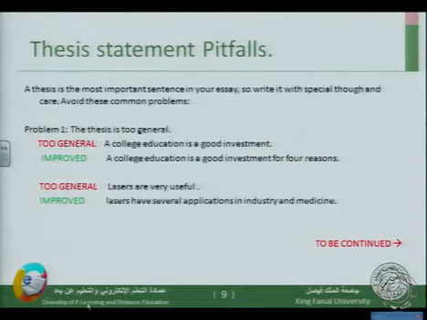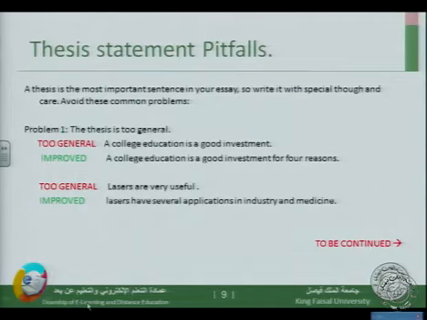The first problem is a thesis statement that is too general. You need to avoid a too general thesis statement. For example, college education is a good investment. This is a generalization. It cannot be a thesis statement.